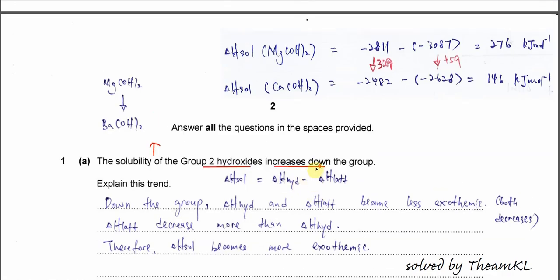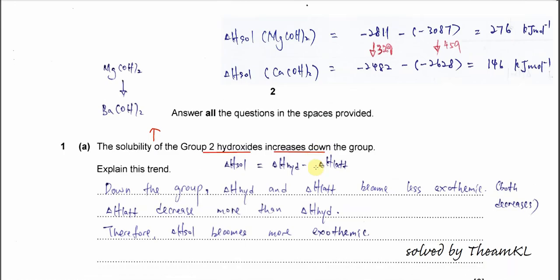Okay, I will use two examples of enthalpy change of solution to help you understand the statement. This is the answer from the mark scheme, so why they give this answer and how you can explain it well later. First you must understand the comparison.